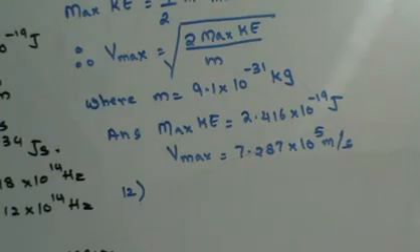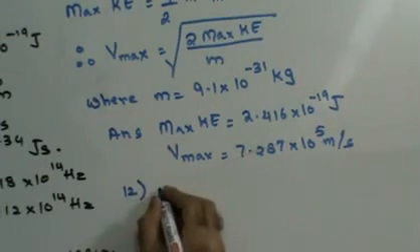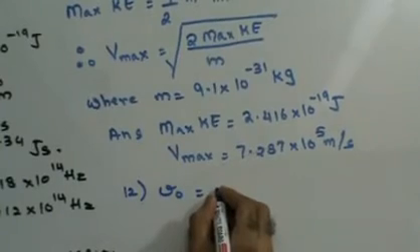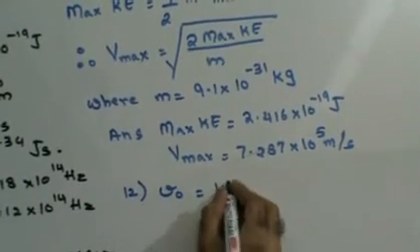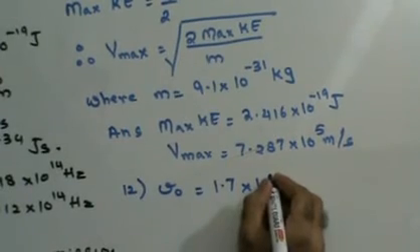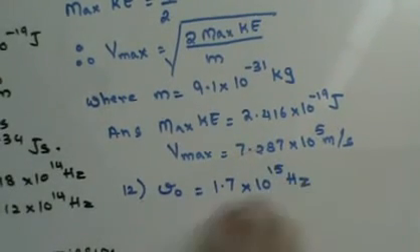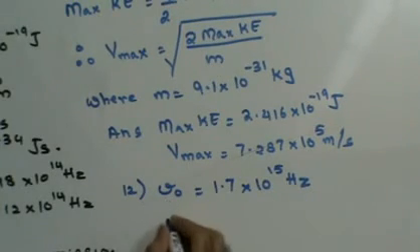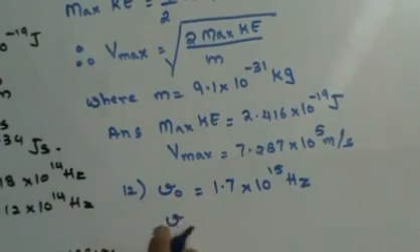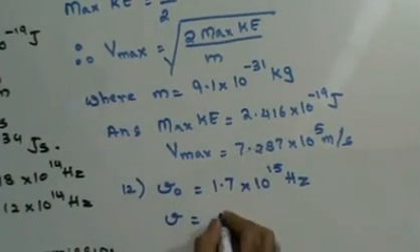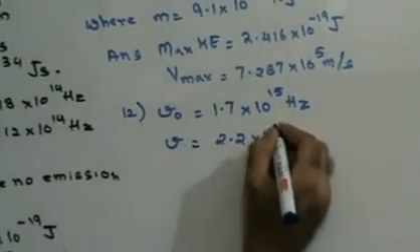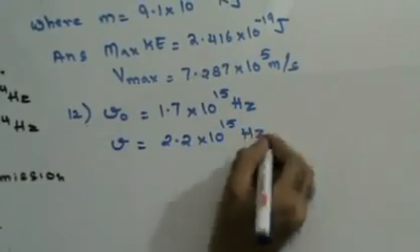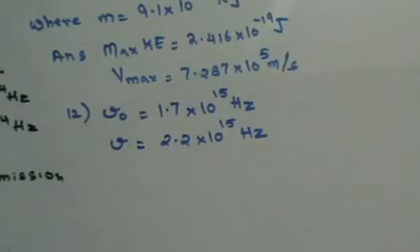The threshold frequency of a certain metal is 1.7 into 10 raised to 15 Hertz. Light of frequency 2.2 into 10 raised to 15 Hertz is incident on the metal.